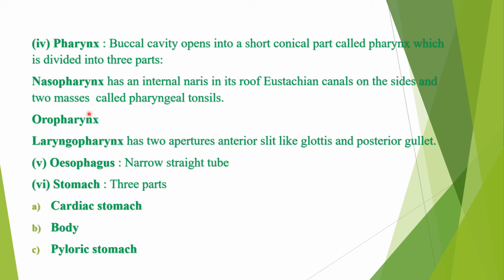Next is the oropharynx. It is mainly associated with the passage of food. And laryngopharynx, it has two apertures, glottis and posterior gullet.